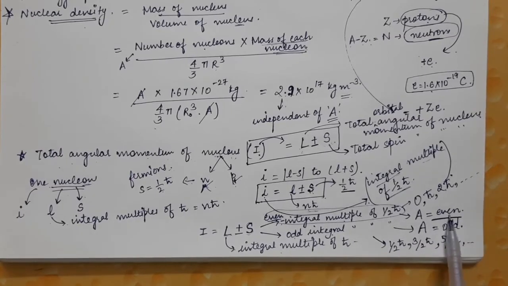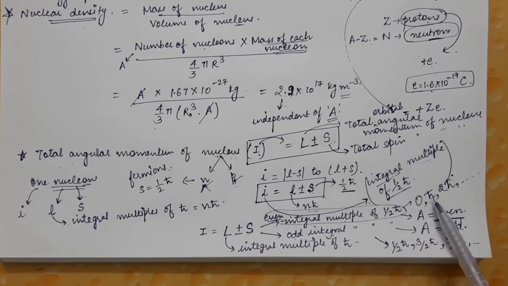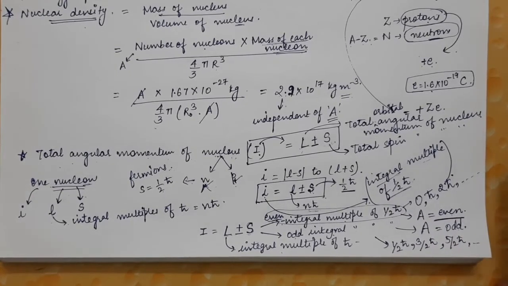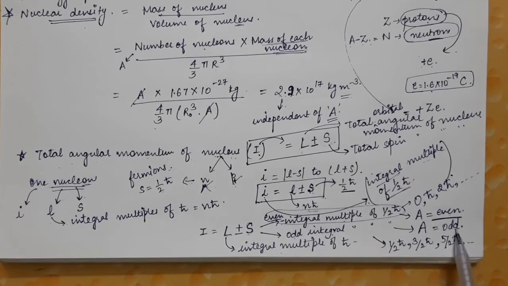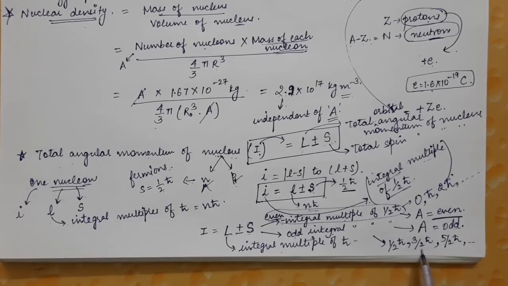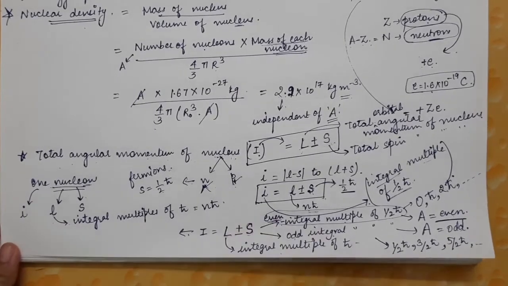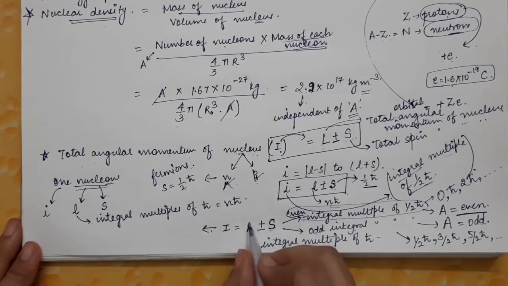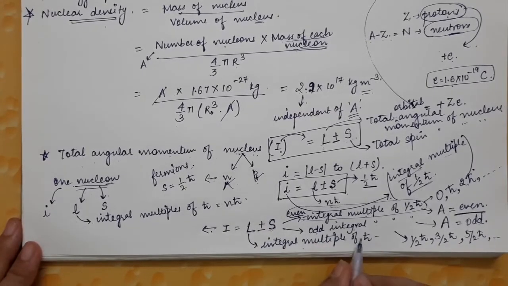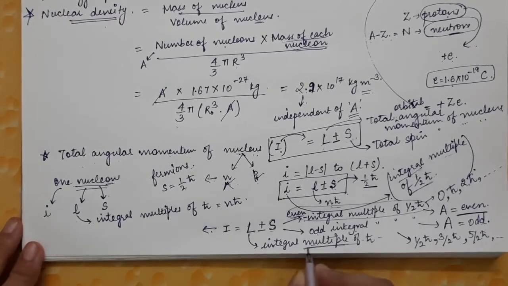If the number of nucleons is an even number, then capital S will take values 0 or h cut or 2h cut or 3h cut, and so on. And if the number of nucleons present inside the nucleus is an odd number, then capital S will take values half h cut, 3 by 2 h cut, 5 by 2 h cut, and so on. So capital I, we know that capital L just takes integral multiples of h cut, so this will be either 0, h cut, 2 h cut, and so on.